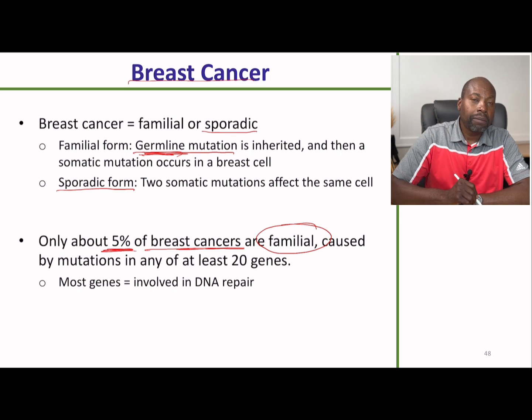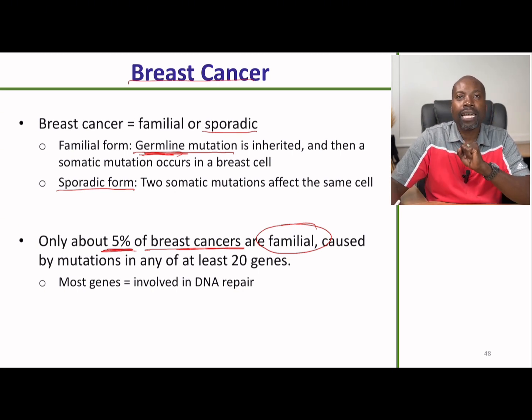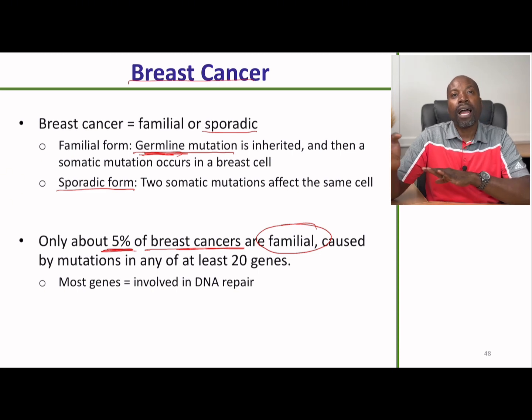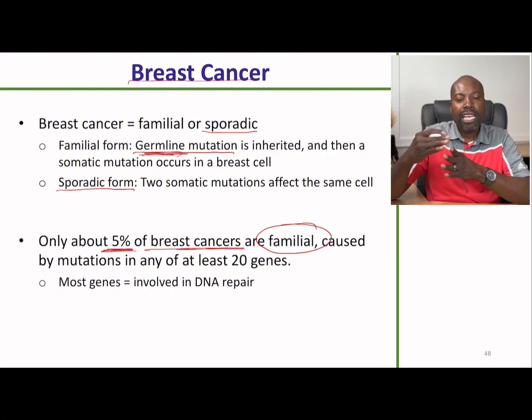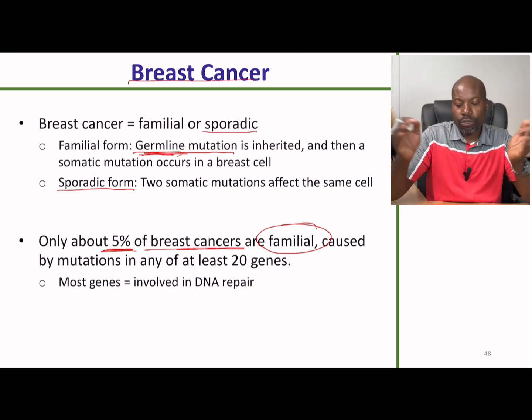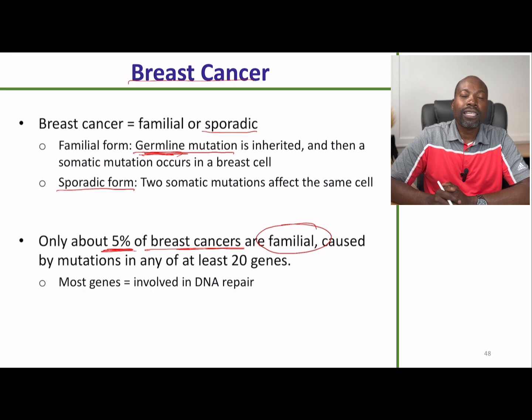However, in the major cases, you have one allele that is already mutated while the other allele is fine, right? But through the lifespan of the individual, if that normal allele gets mutated, this is when the individual develops breast cancer, and this is what happens most of the time.